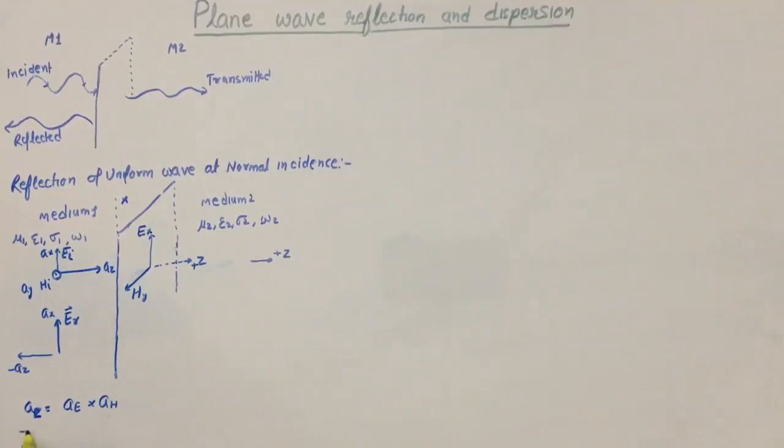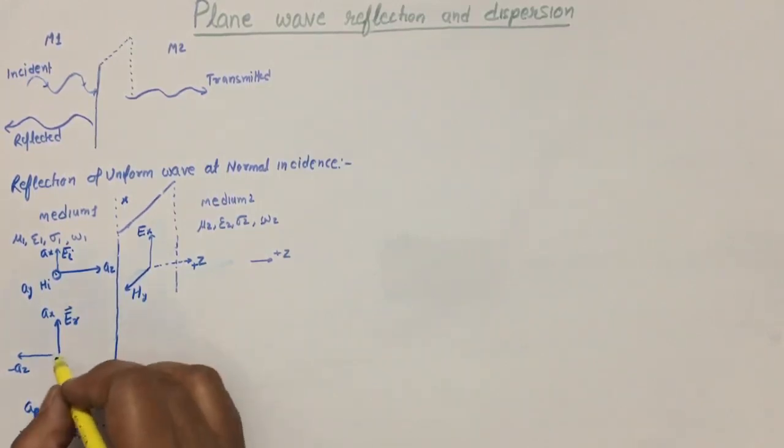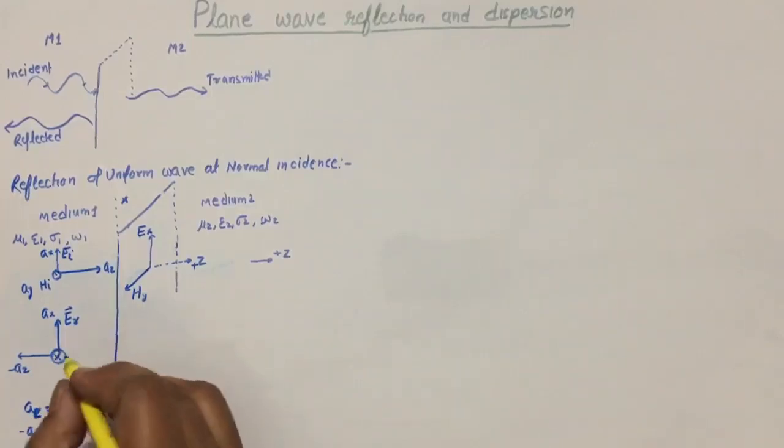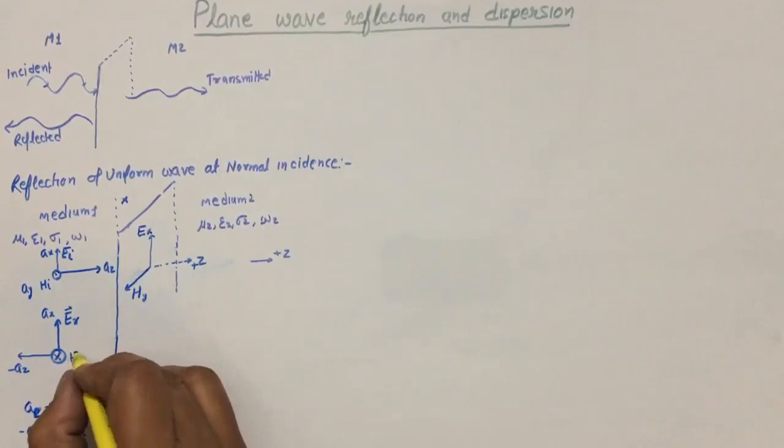So in the case of reflection, it is the minus z direction, then aE reflected cross minus aH reflected should be there, and if it is minus, then it is going downward. It is in the direction of minus ay.